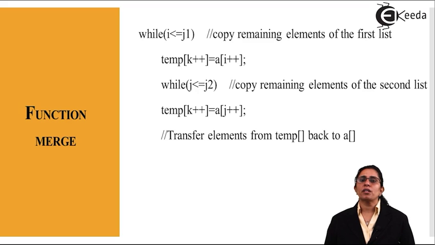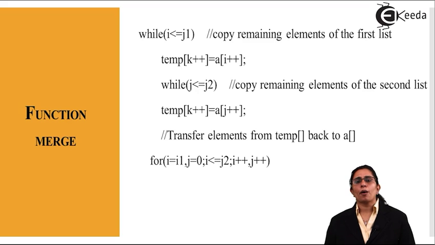We have transferred the sorted list from B and C to the temporary array. Now we have to move this small subproblem solution, stored in the temporary array, to the main array A. So we use a simple for loop to copy the complete array temp to A.